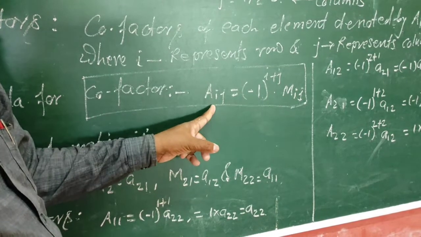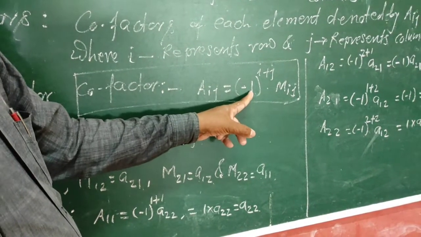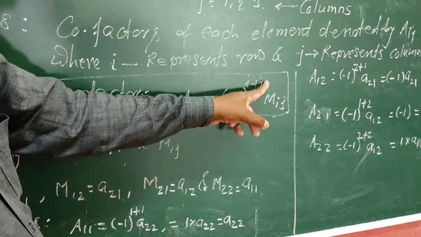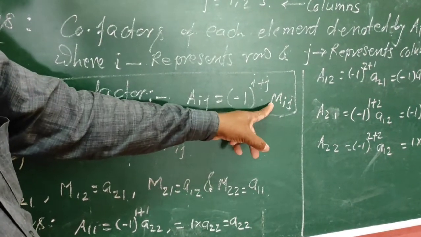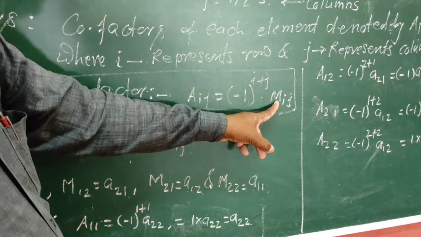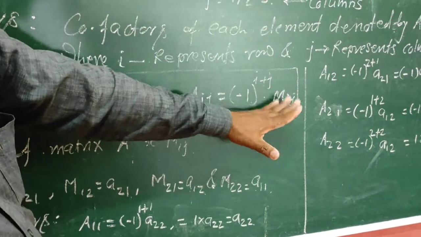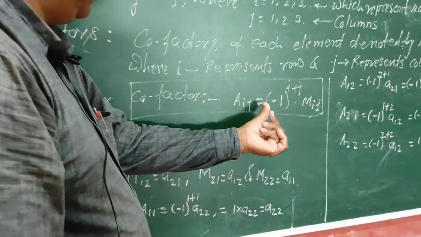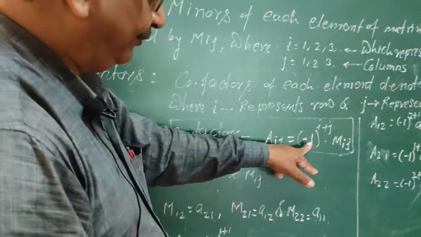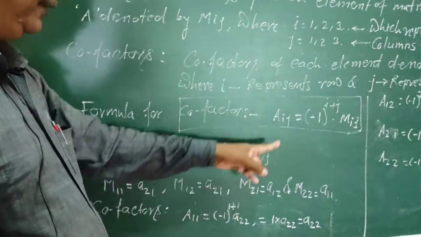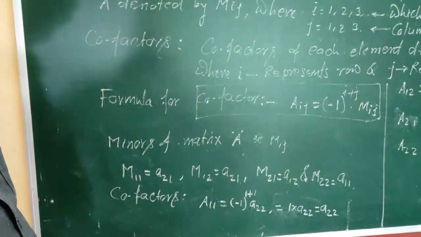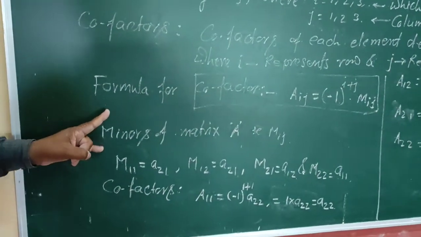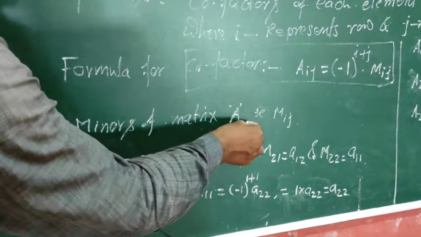This means your cofactor is equal to minus 1 raised to the power of the row number plus the column number, into the minor already obtained previously. This is the formula, but every time we need not use it. How to find cofactors directly, we see further. For that we take the minors of this matrix A.